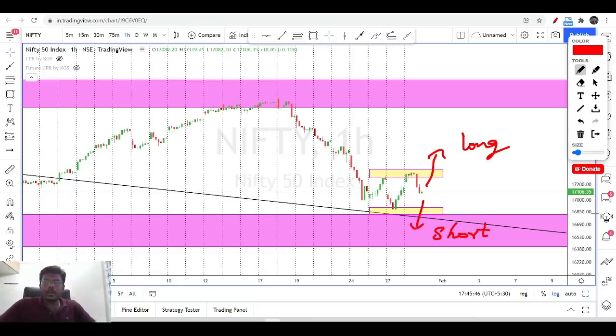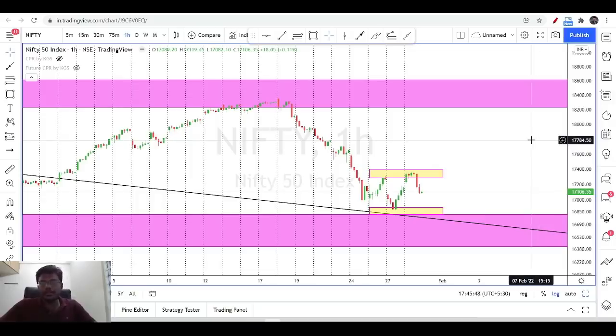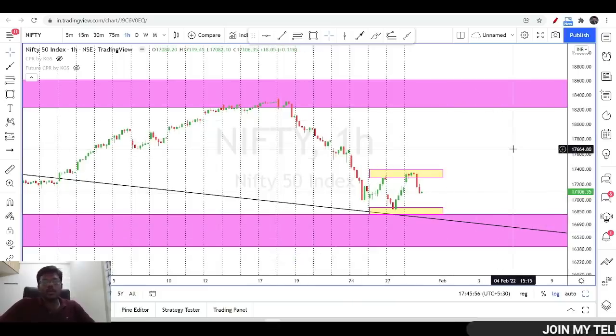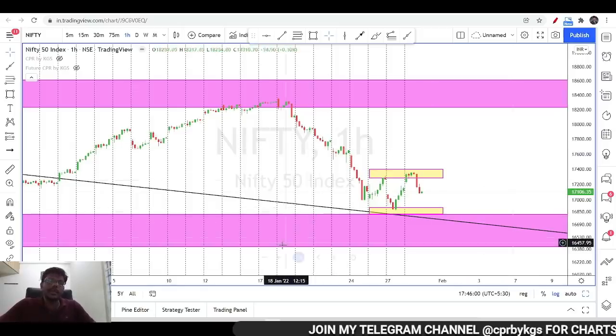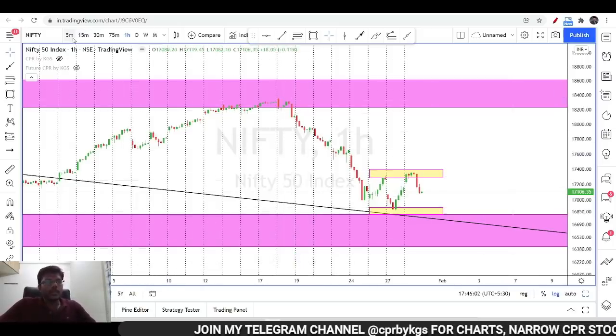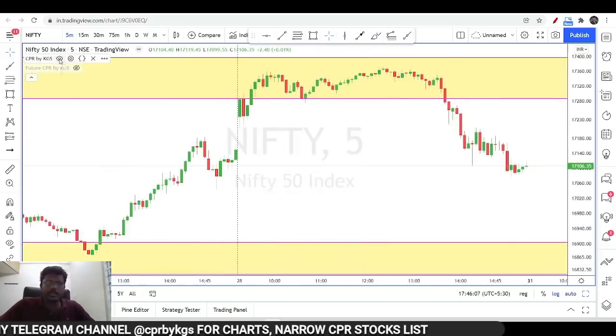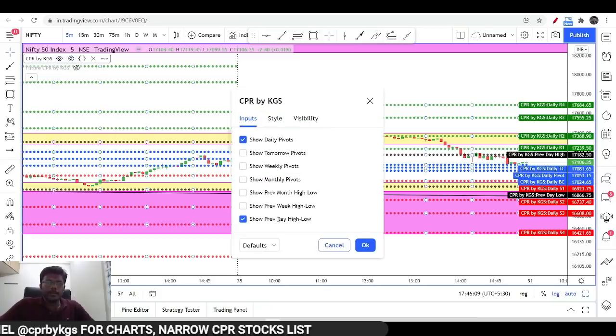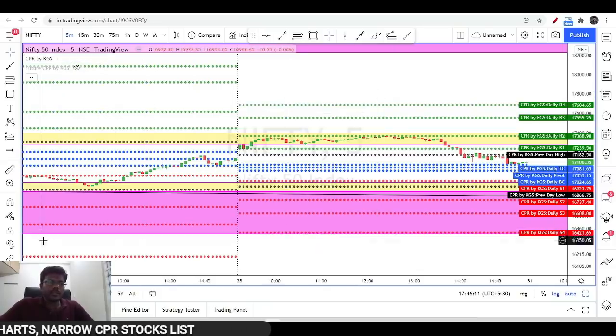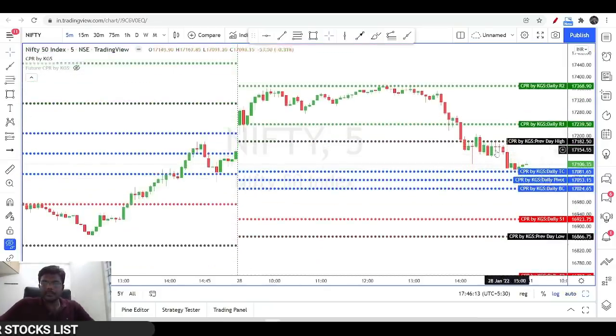Our trade plan for the upcoming week, Monday, Tuesday, and for the budget week, the entire week from Monday to Friday: if the candles are trading above daily CPR, then we are going to look for long opportunities. Why I am saying this: let me go to the 5 minutes chart and switch on the daily CPR. So this is daily CPR in the 5 minutes chart.